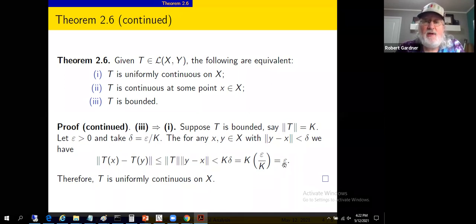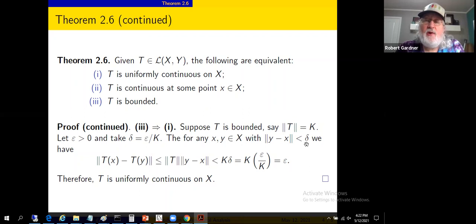And that's uniform continuity. We took any x and y within distance delta of each other, and we will calculate and show the output values in norm are less than epsilon. That's the definition of uniform continuity.